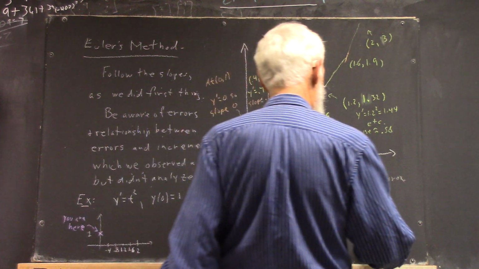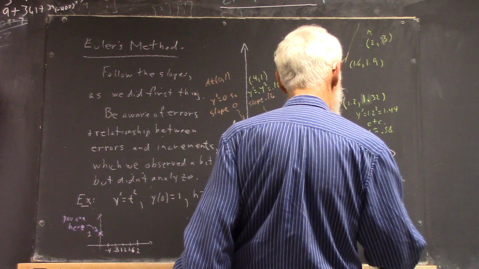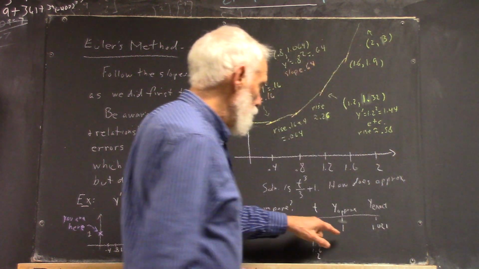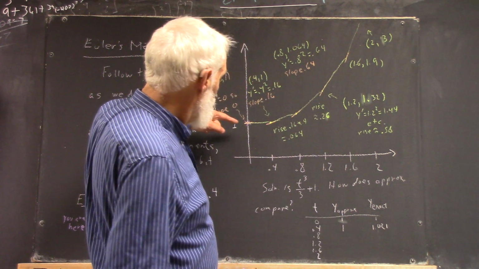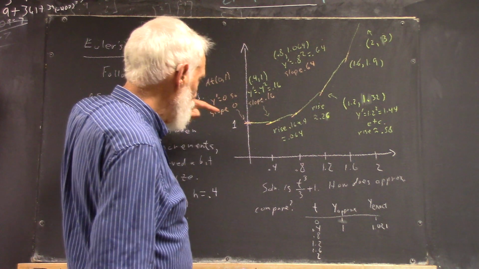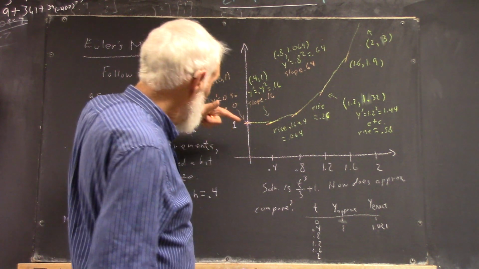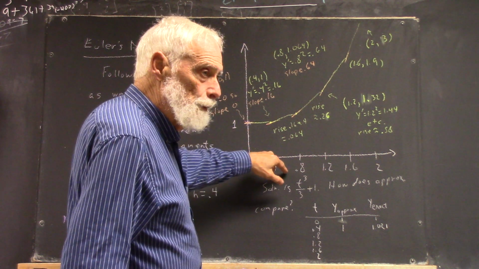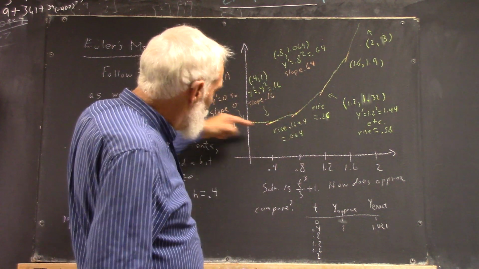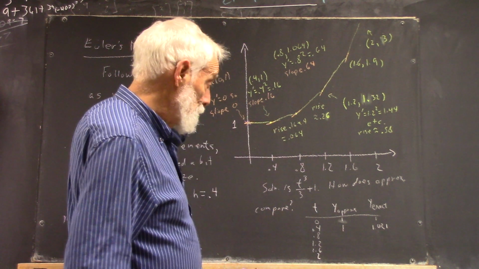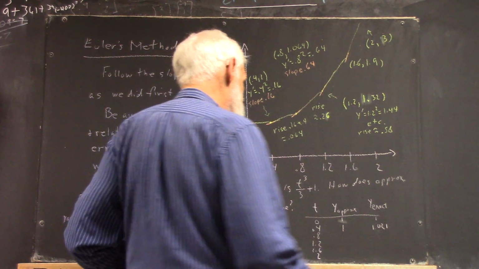So this would be about 1.021. We're not that far off, but obviously the actual solution doesn't stay flat all the way over here, because as soon as you move away from t equals 0, you're getting a positive slope. And we're just keeping the thing at this slope. Okay?